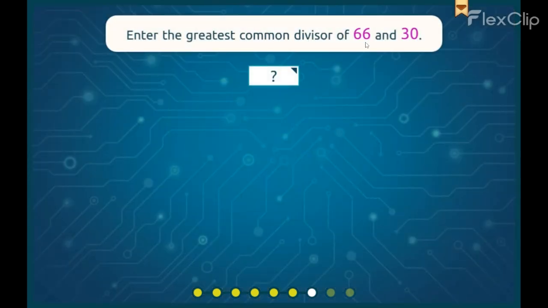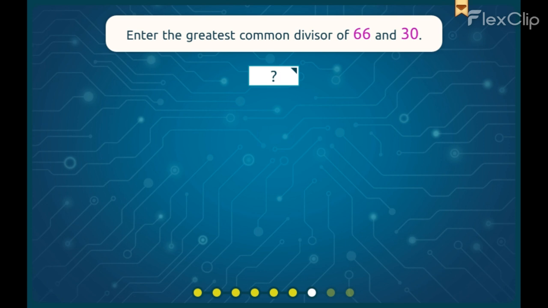What is the greatest common divisor for these numbers? We definitely know that they are composite numbers. They can be divided by 2. If we split by 2, 30 will become 15 and 66 will become 33. What if we look at the number properly and imagine that 30 is actually a combination of 6 times 5?